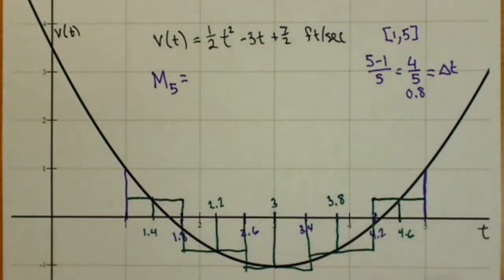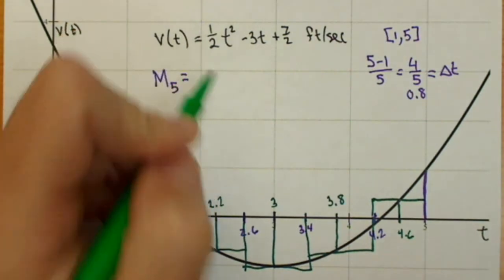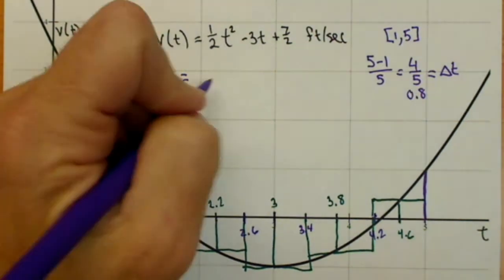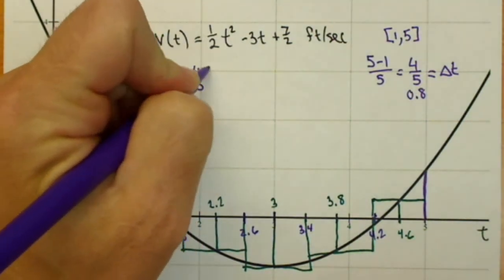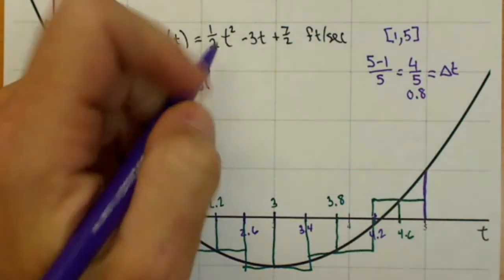Okay, so we're going to use this to get our estimate of the midpoint rule and the distance traveled. For the midpoint rule, we need all the heights of these rectangles, and we're going to multiply them by our delta t. That'll give us our change in position. So 4/5, and now we just plug our midpoints into v.